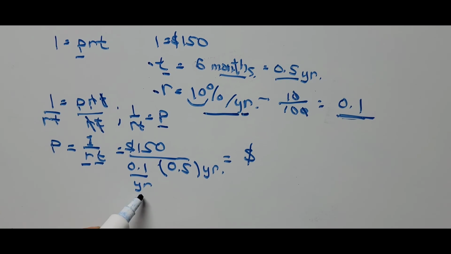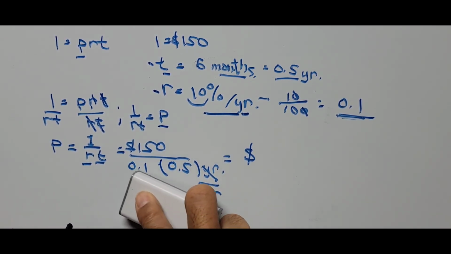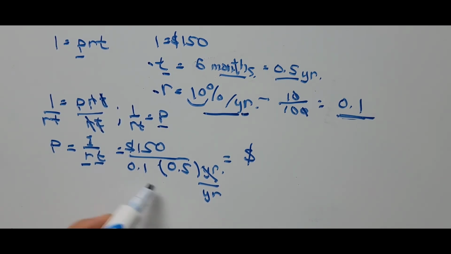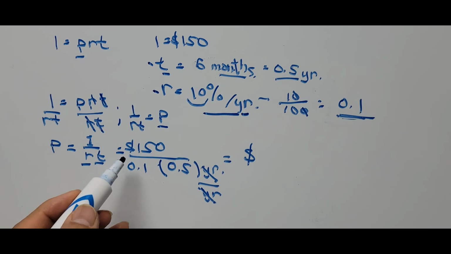So year divided by year cancels. It's the same as putting this year directly underneath that. So we cancel that, and we end up with just the unit dollar.